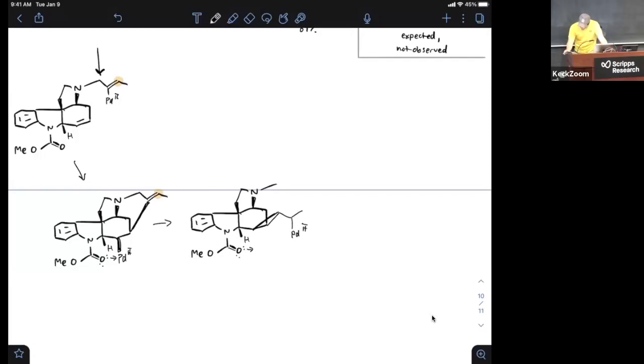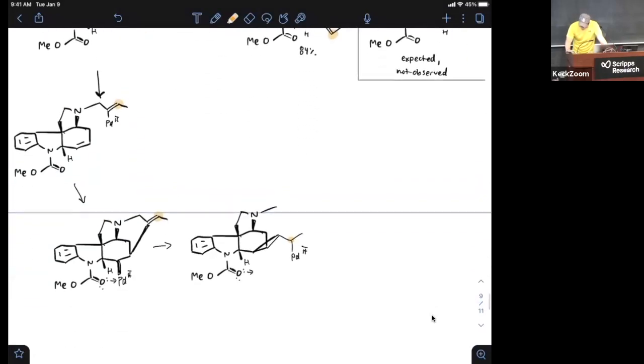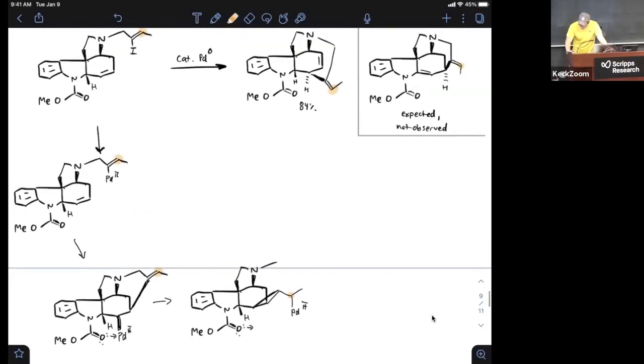Is this what you had in mind, Alex? Yeah, and then I guess beta carbon elimination gives us, oh no, that's not going to work. Oh, no, don't go with your instinct there. I think you're onto something. Beta carbon elimination gives basically the desired product after reforming the double bond. Beautiful.